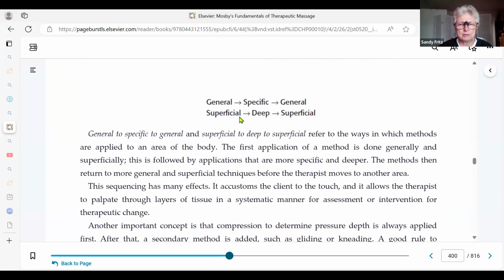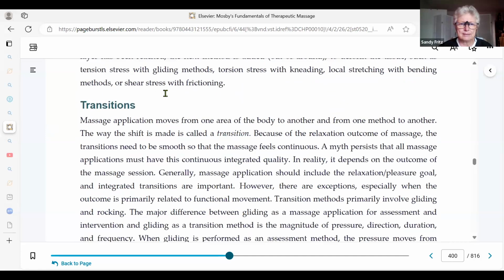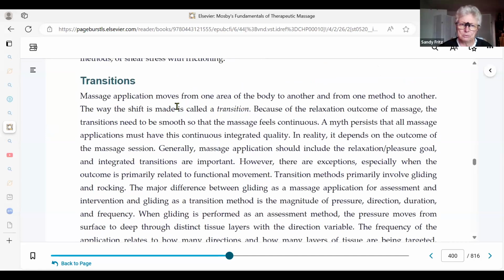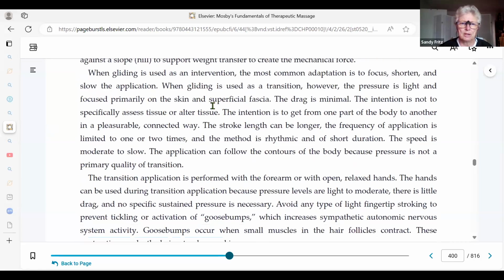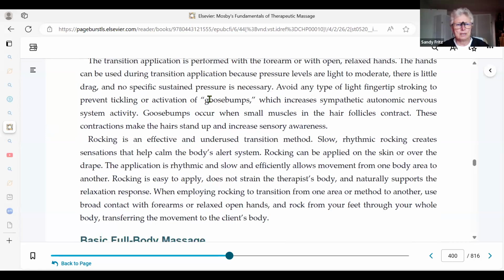So general principles, and this may show up on the NBLEX exam. General to specific to general, superficial, deep to superficial. Transitions have to do with how you move from one method to another and how you move from one body area to the other so that it feels unified.